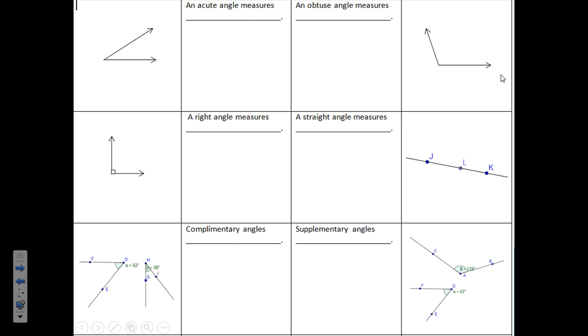A right angle measures 90 degrees. And a straight angle measures 180 degrees.